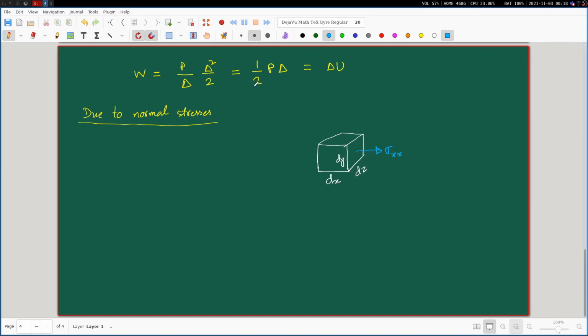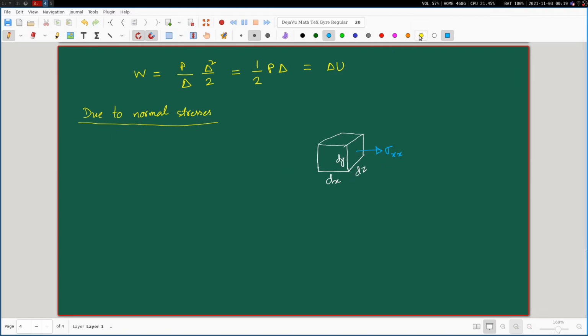So earlier we had expressed the work done as half of P times delta. So half of P is like the average force when P is applied in such a fashion that the force increases from a value of 0 to P. In a similar fashion, we may understand that the force associated with sigma xx will be simply sigma xx times dy times dz, and that force is also going to be increased from a value of 0 to the entire value given by sigma xx times dy times dz.